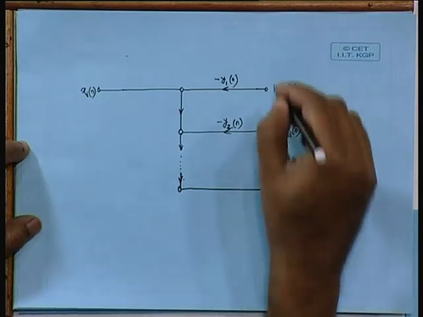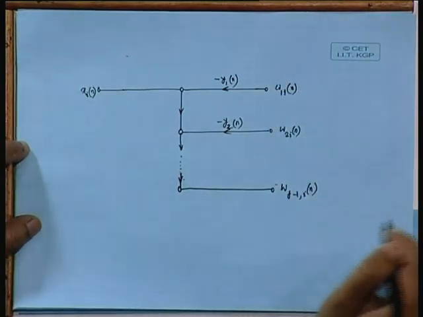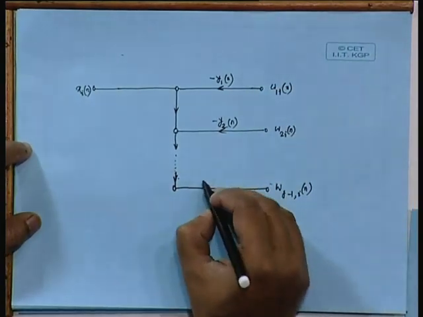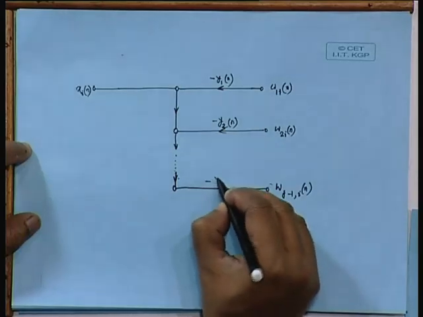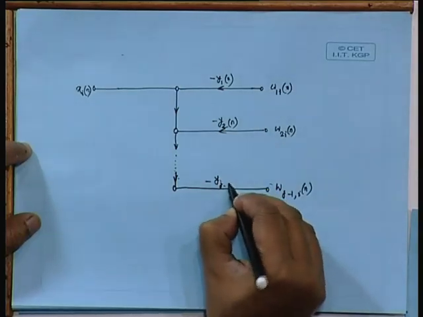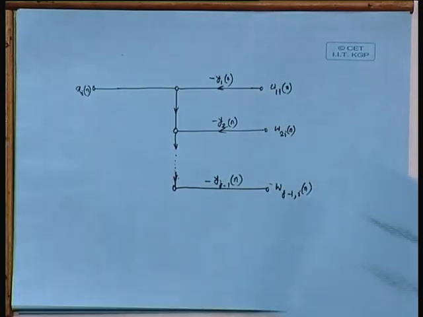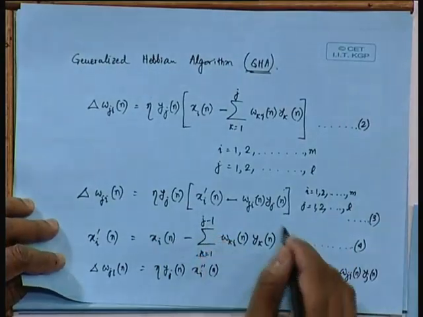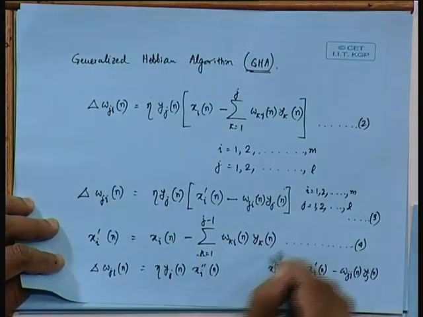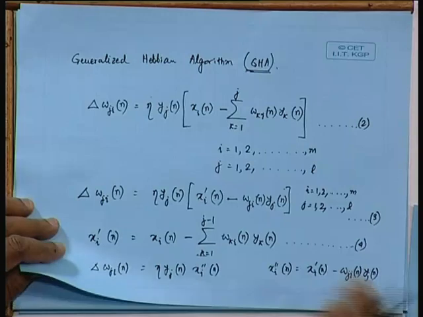So all the j minus 1 earlier neurons' responses are considered together. You can verify that all we have done is the computation of this term with respect to equation number 4.